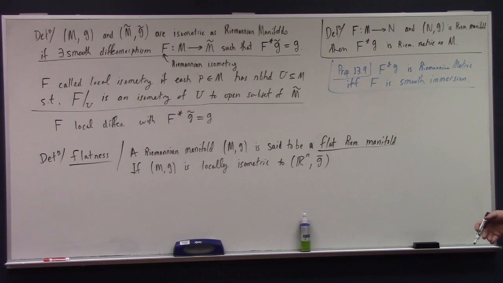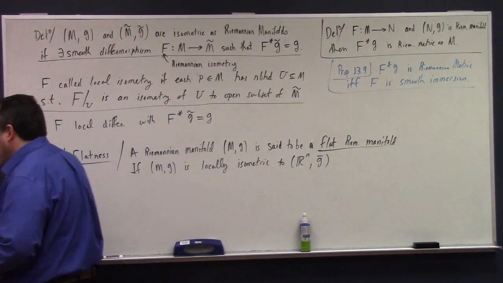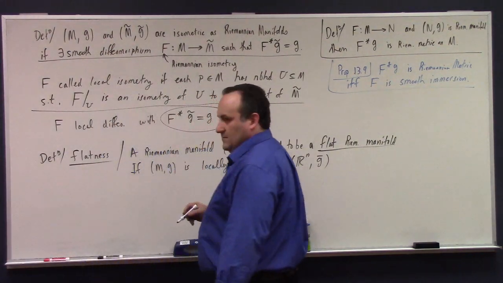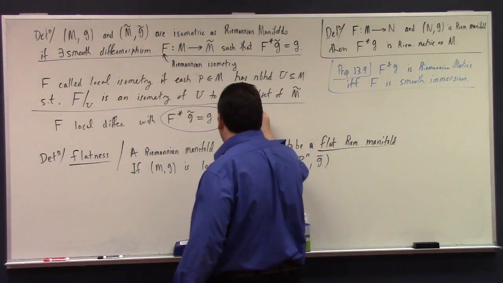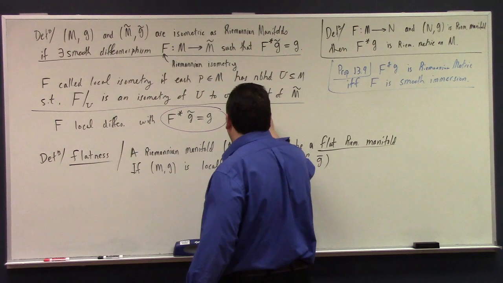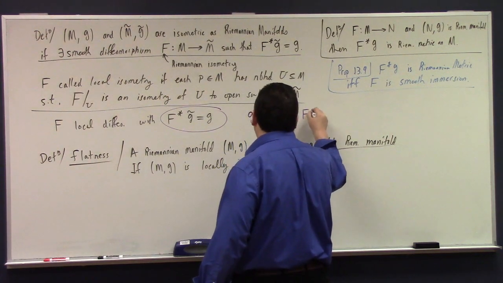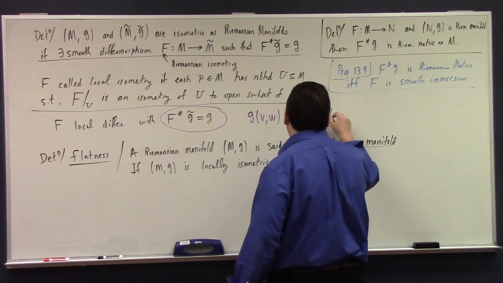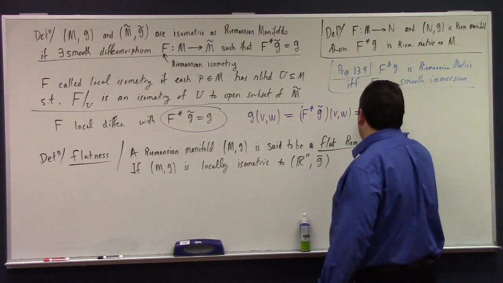Let's see here. Let's look at, because I think you're waiting for me to do this, and that's a reasonable request. Like, what does this condition actually mean? So if we talk about G of, say, VW, that would be F star G tilde of VW. But by definition, that's G tilde of what?